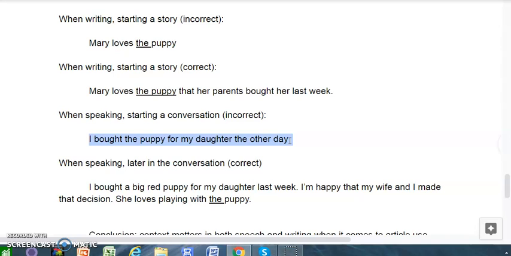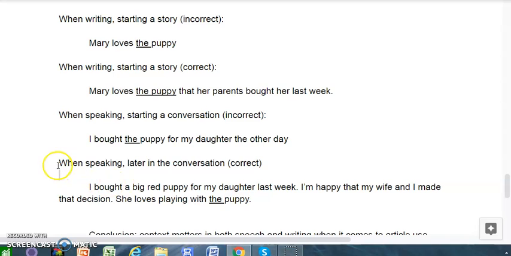Now, your listener will understand that you meant a puppy, but they are left not to understand which puppy you're specifically talking about. They have no idea what this puppy looks like, and therefore your use of the word the misleads your listener.